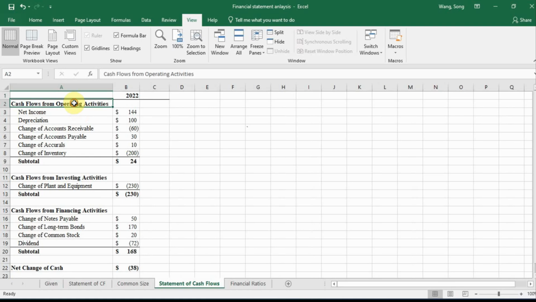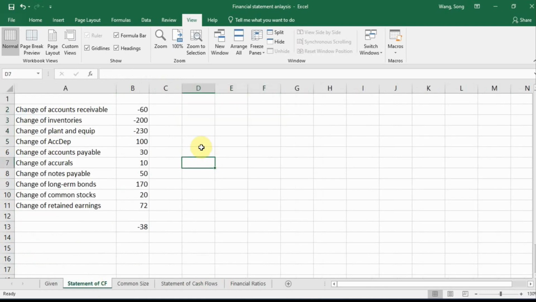If you see right here, you have three categories. You have cash flows from investing activities, financing activities, and here operating activities. So for accounts payable or receivable, these are all operating activities. Inventory, operating activities.